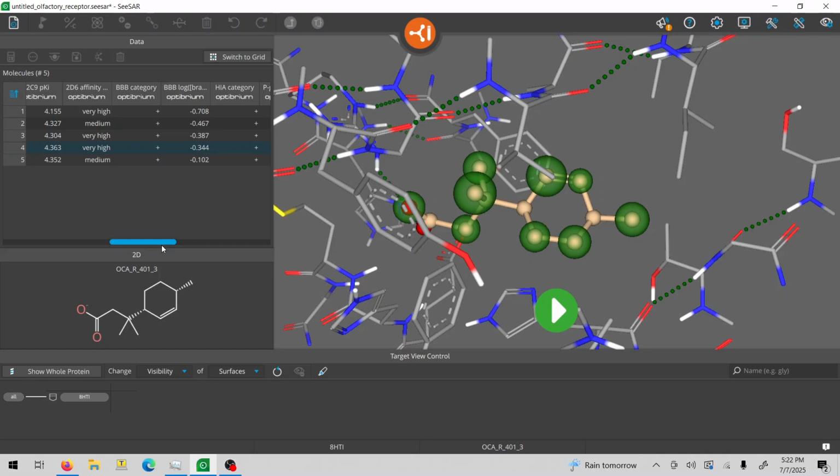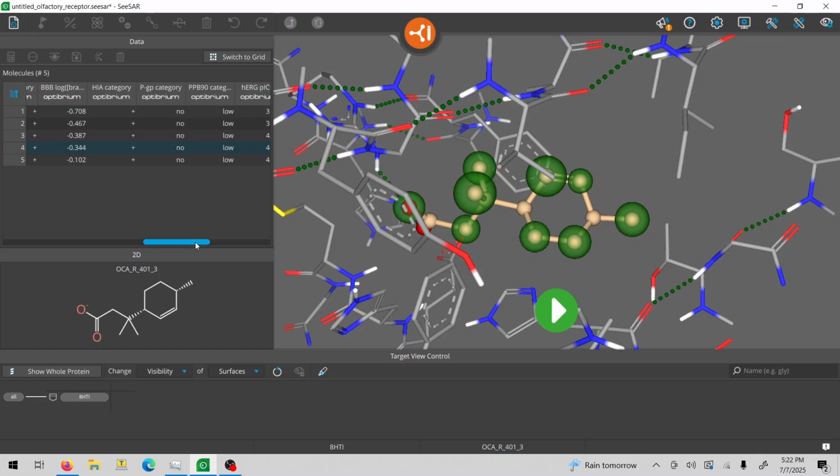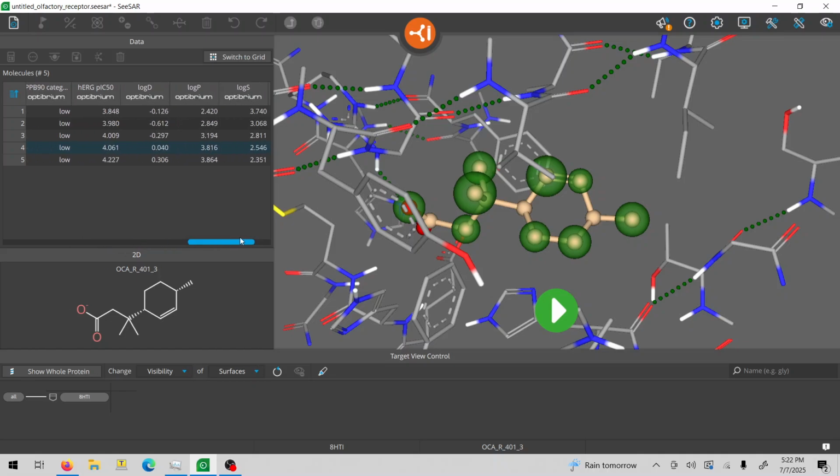2D6 affinity. So what's going on here is that it's going to be metabolized by 2D6 very easily. Or it might inhibit 2D6, I don't know, and make other drugs stronger. But the log P is increasing, so it has a better chance of getting through the blood-brain barrier.